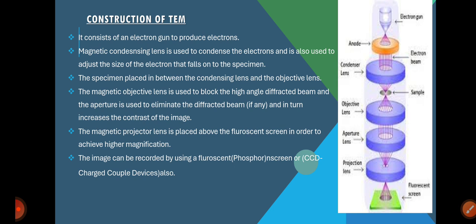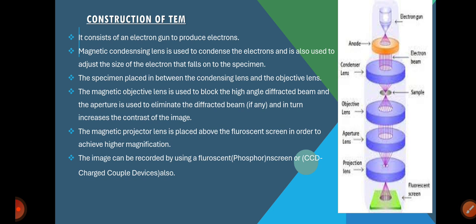The magnetic objective lens is used to block the high angle diffracted beam from the specimen. The aperture will eliminate the diffracted beam, and we eliminate it to increase the contrast of the image.